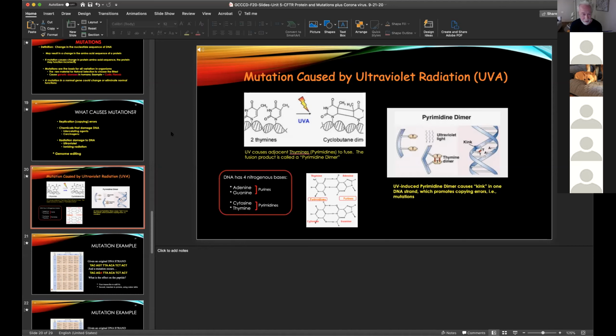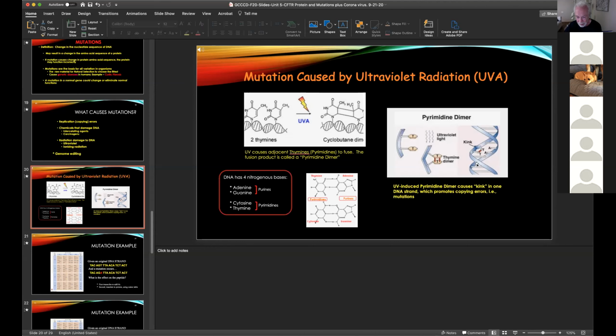And that's called either a thymine dimer or a pyrimidine dimer. And to the right, you'll see the consequence. You see the two adjacent thymines, UV light strikes and it causes a fusion between those two thymines. And now that causes a kink in the DNA.